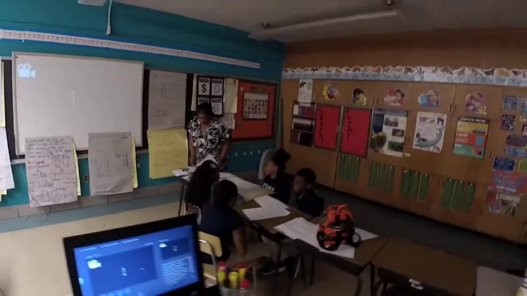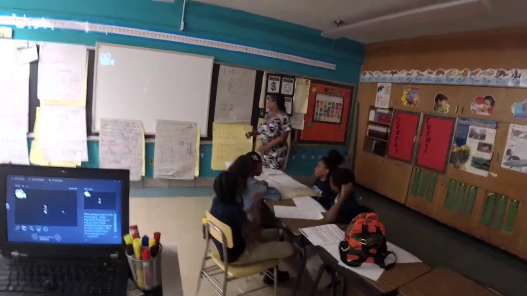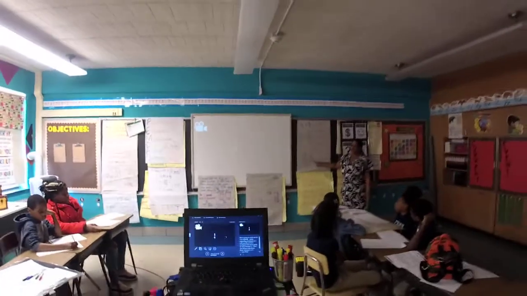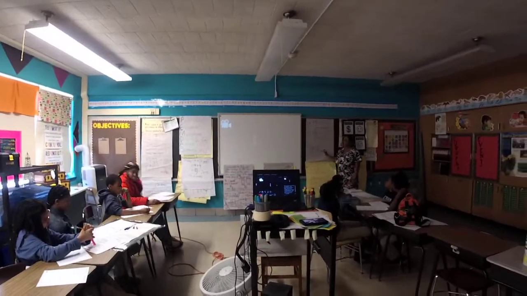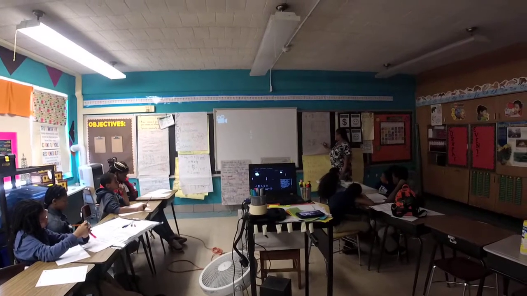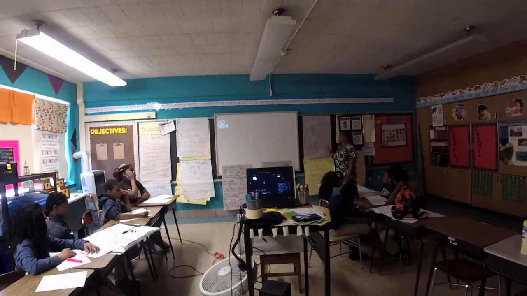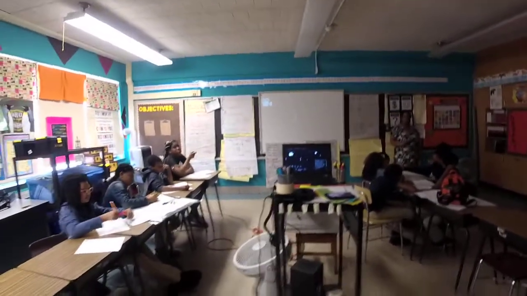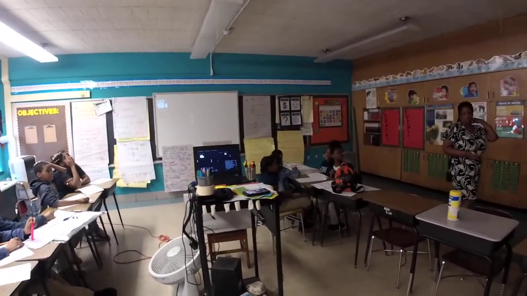Okay. So now that we've done that, now we have to give our decimal equivalent. So anything over 100, you look at that top number, this becomes your decimal. So that 25 over 100 is equal to 0.25. So if I had 67 over 100, what's my decimal going to be? 0.67.